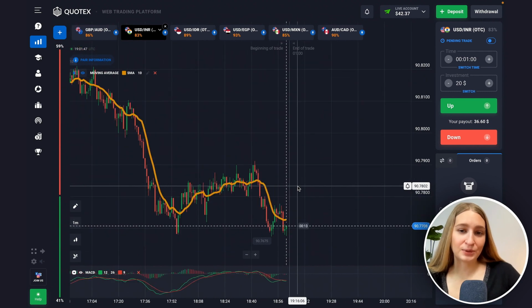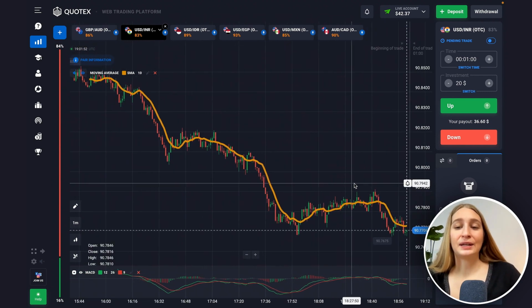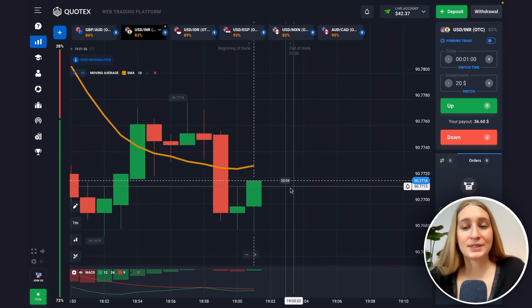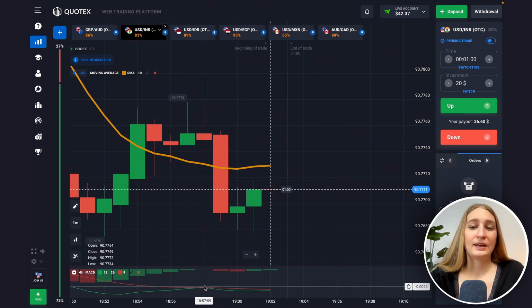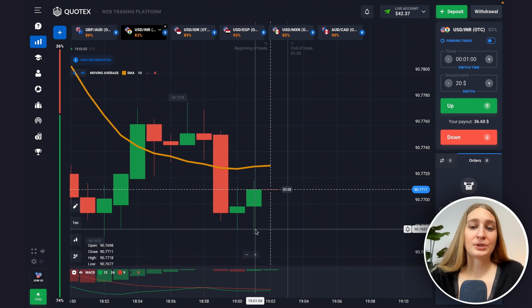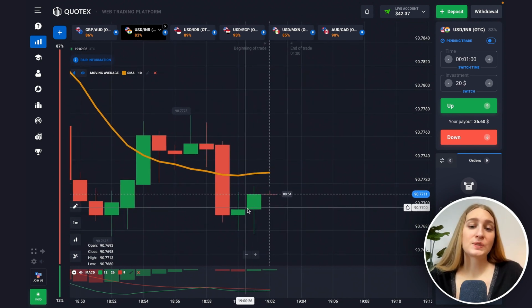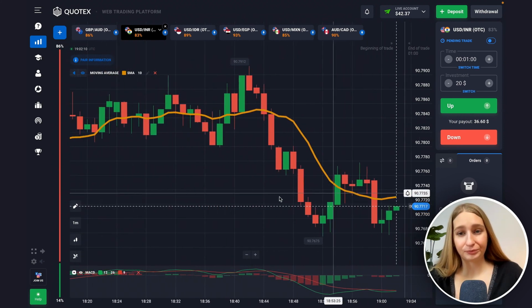Okay, let's zoom out and see what is going on in our current situation, and let's zoom in, of course. You see we have this kind of intersection in MACD, and the moving average is showing us that the price will go a little bit up. So let's see what I can say.